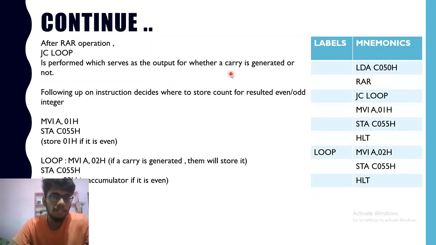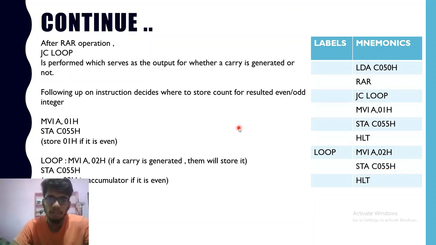What we will find out is whether the carry is generated for that particular stored hexadecimal number in our memory location. If the carry is generated for the particular number, then we will jump to the loop label, and we will carry out the instruction which will store 02 in our accumulator, which will further be stored in our location C050H.